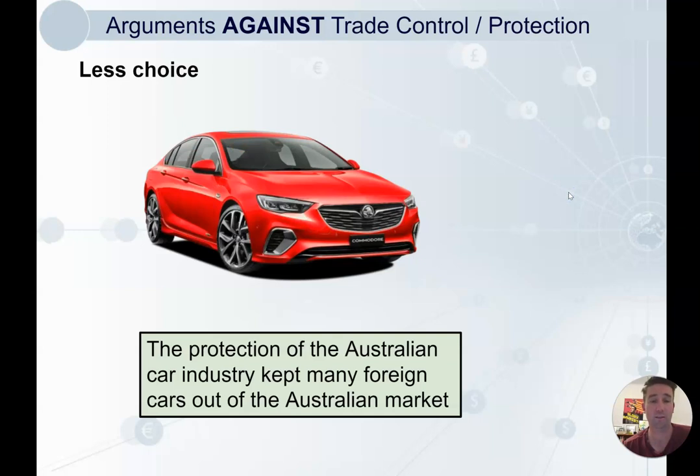Less choice. When we had high tariffs and subsidies on Australian cars, it really kept other car makers out of the Australian market. The Holden Commodore was our most popular car for a long time, and arguably that restricted consumer choice. There just wasn't the same level of other cars in the market to buy from.